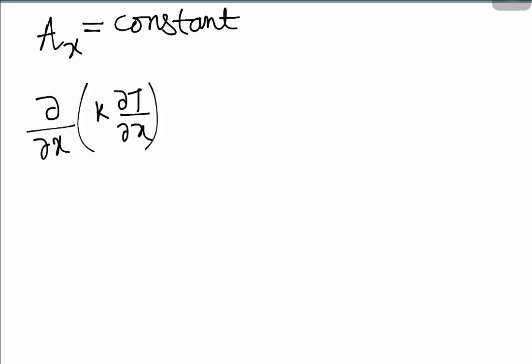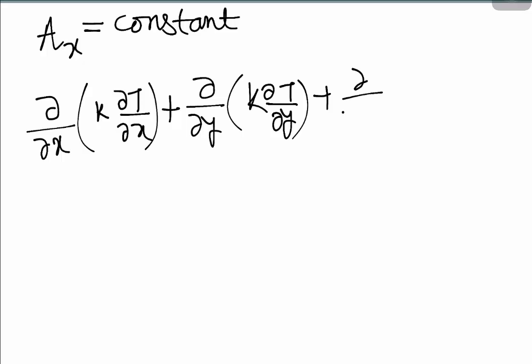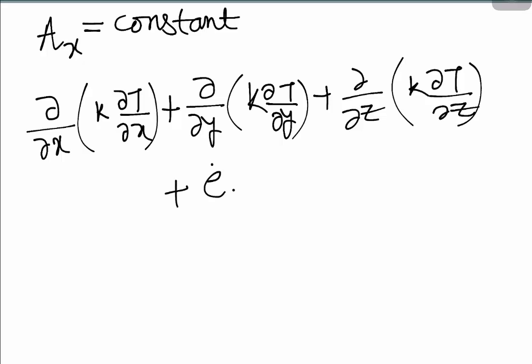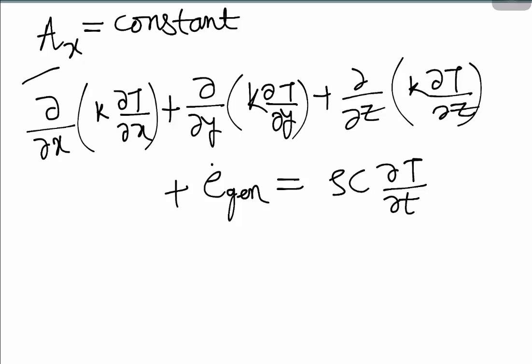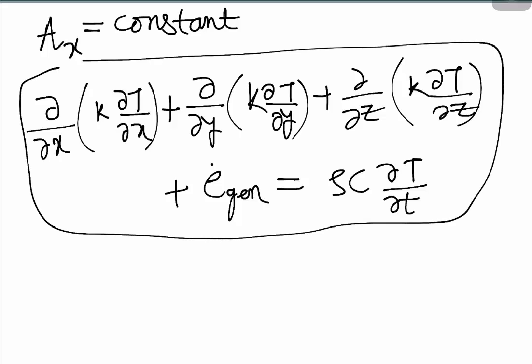Now I will also write y and z components also, plus dou by dou y of K dou T by dou y plus dou by dou z of K dou T by dou z plus E dot generation, which is equal to rho C dou T by dou t. So this is our differential heat conduction equation in Cartesian coordinate system in 3 dimensions.